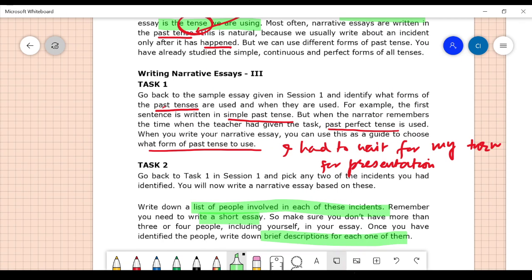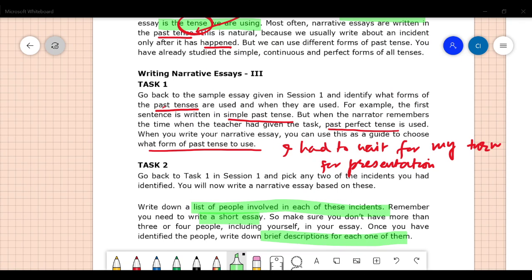So I think you have to go back to the persons list and let us try. So he is asking you to go back to session 1 and pick any two of the incidents you identified. You will now write a narrative essay on them. So write down a list of people involved.